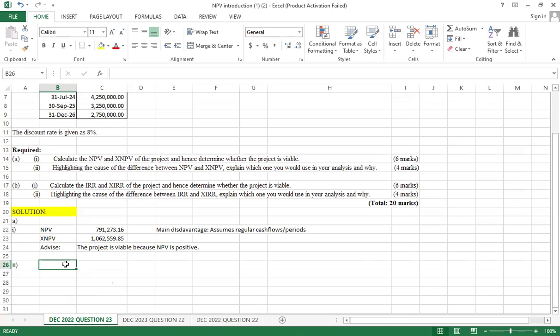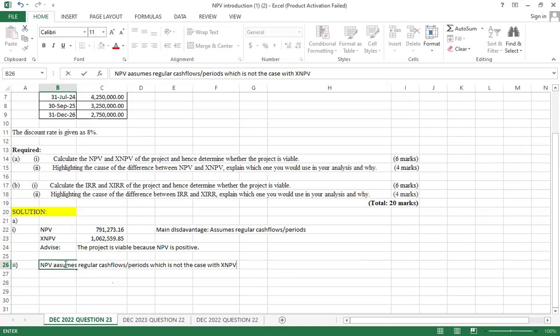Now, we have already said that NPV assumes regular cash flows or periods, which is not the case with XNPV.